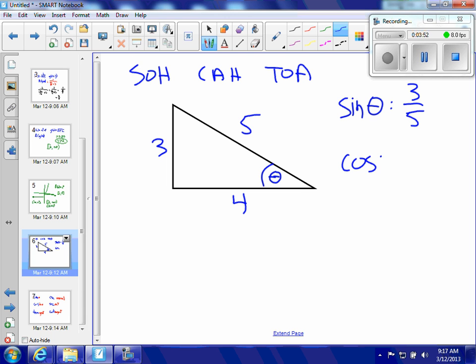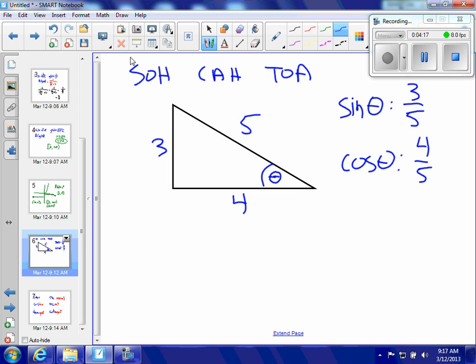What about cosine theta? Hannah, cosine theta. That would be 4 over 5. Cosine is the side adjacent to my angle here over hypotenuse.